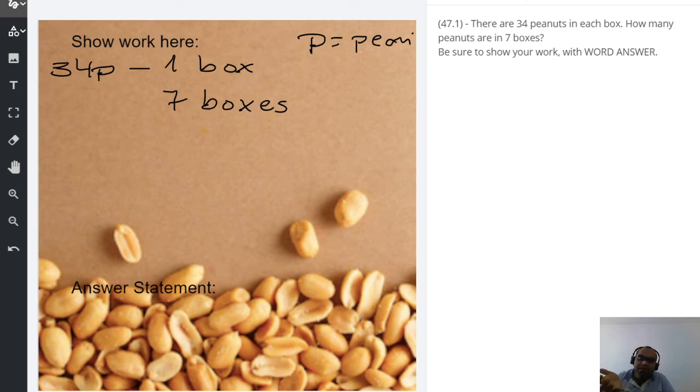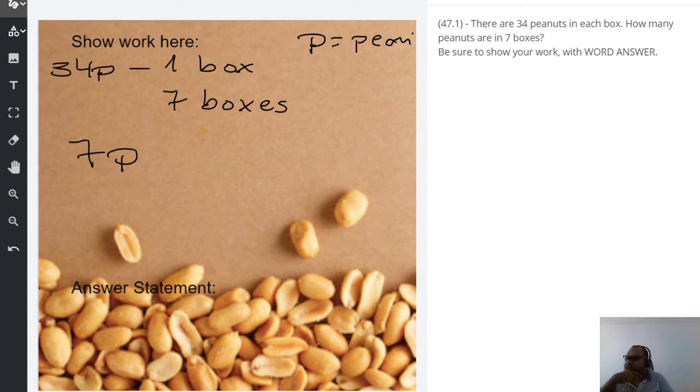I don't know. How do I solve this one? Pretty easy. 1 box, 34. 7P for peanuts equals the quantity I'm looking for.